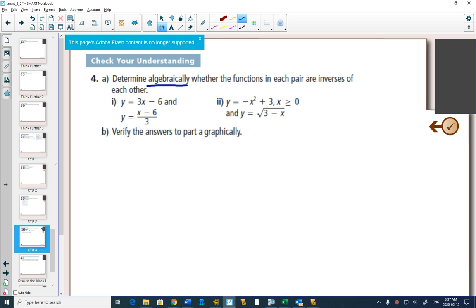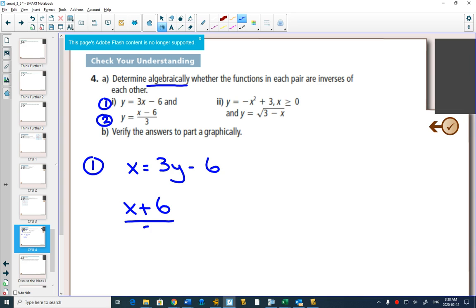So algebraically says take one of them. I'm going to take equation 1, switch x and y, and then solve for y and see if it matches up with equation 2. So to get y by itself, I could add 6 to both sides and divide by 3.